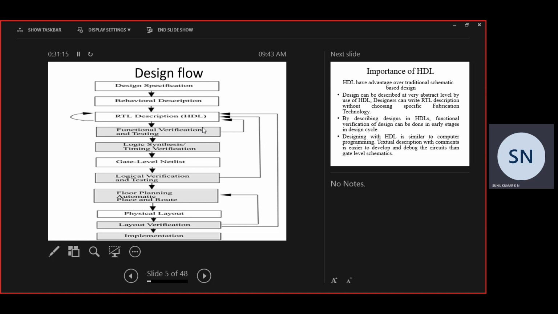Where two points meet, it is a junction. So this junction is Y1. Y1 is connected to these two transistors, and finally I will get Y as the output.